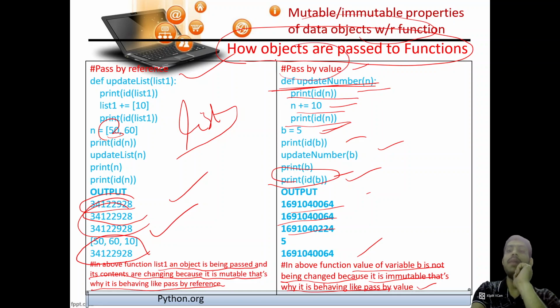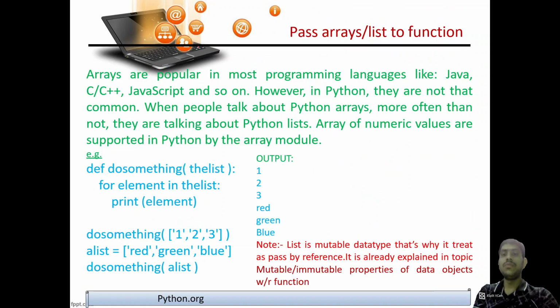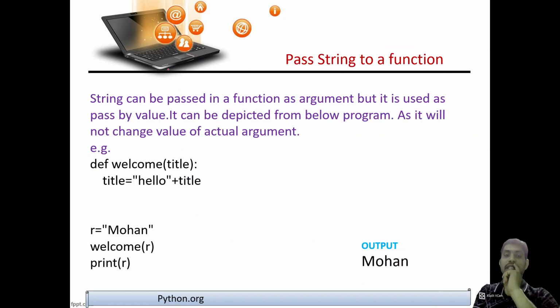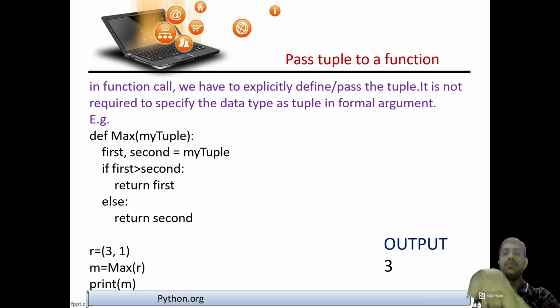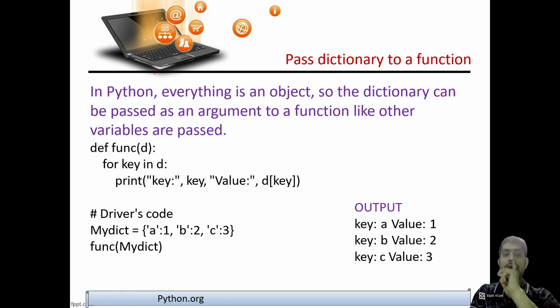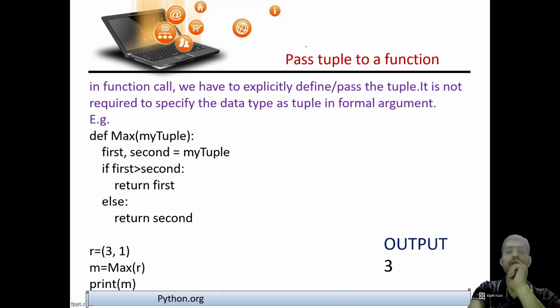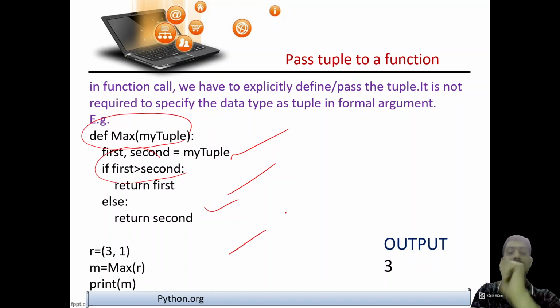It is usually pass by value. You can also pass an array to a function. A string can be passed as a function argument too, but it uses pass by value. You can also pass a tuple or a dictionary, for example take one tuple and add it.